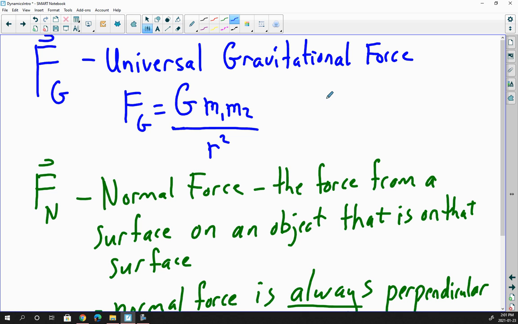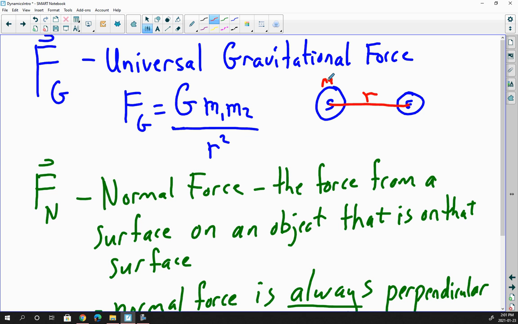And it was used when talking about forces between huge celestial objects, like, for example, the sun and the earth, right? And how far apart they were, center to center. That was called D in grade 11. Now it's called R.